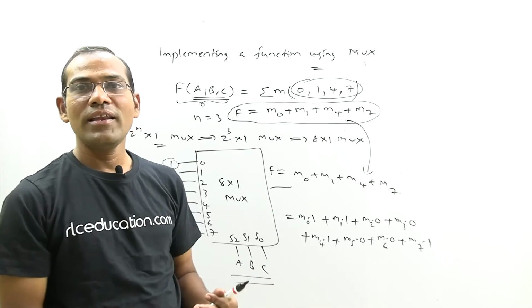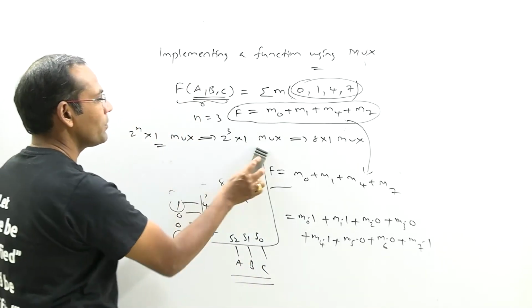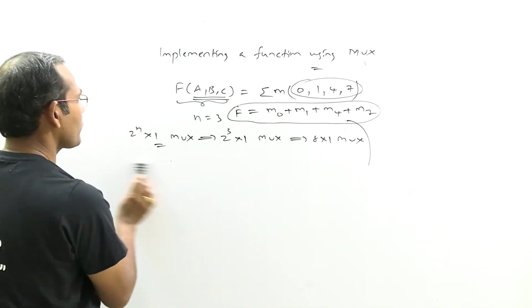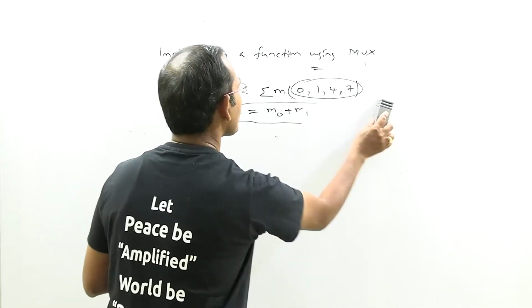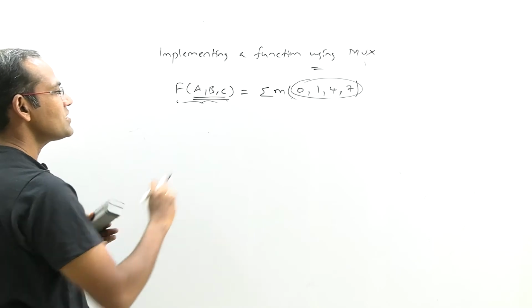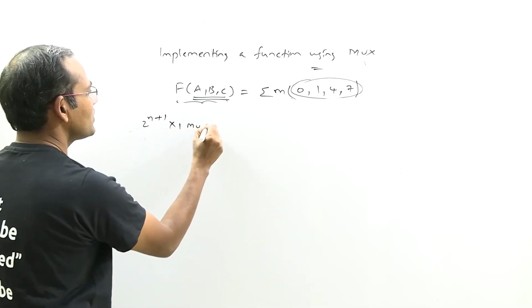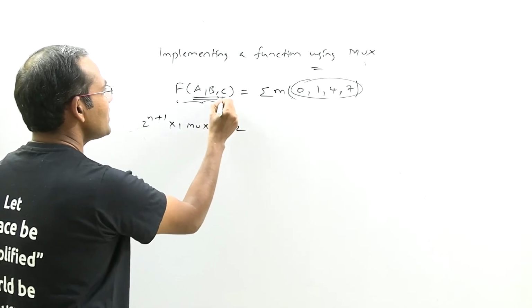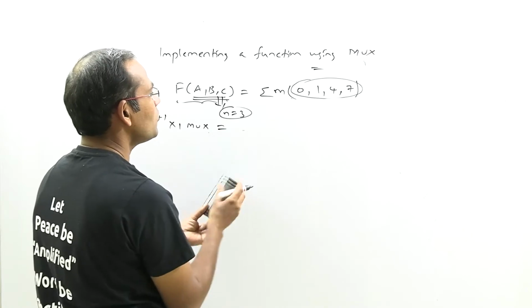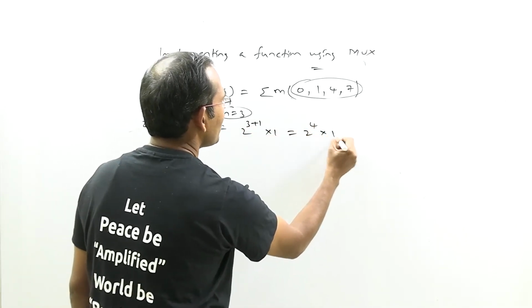Now we'll design this one by using 2 power n plus 1 by 1 mux. Here in this case n equal to 3, 3 variables are there. So 2 power n plus 1 means 2 power 4 by 1 mux.